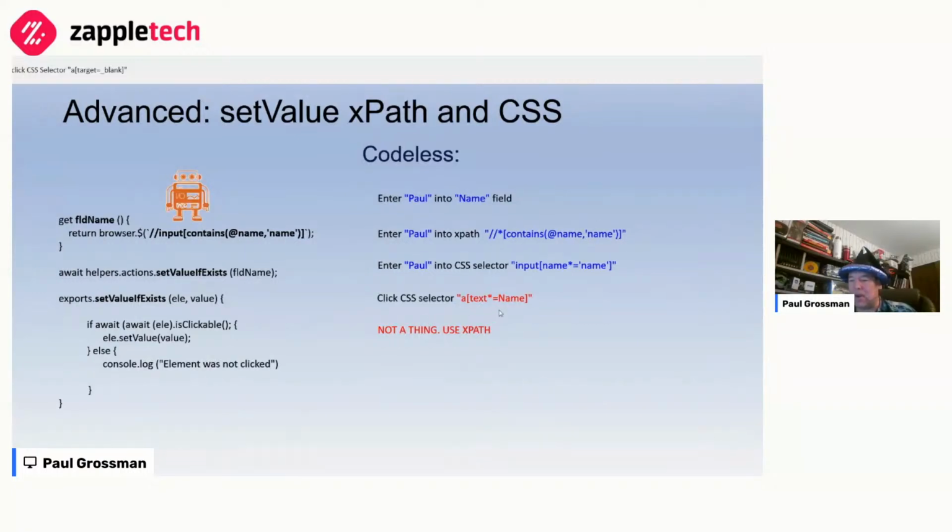The problem is, as far as I know, that doesn't exist in CSS. You cannot find an element in CSS by looking for the text that's displayed on the screen. Not a thing. So a recommendation is use XPath unless you have to use CSS for one reason or another.